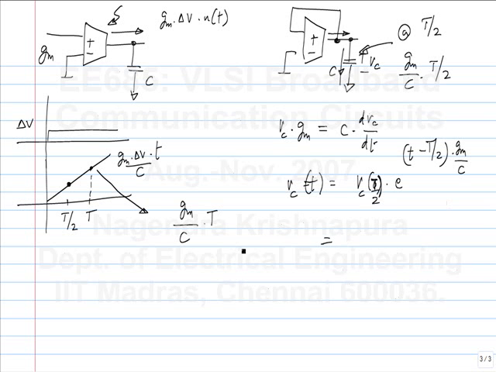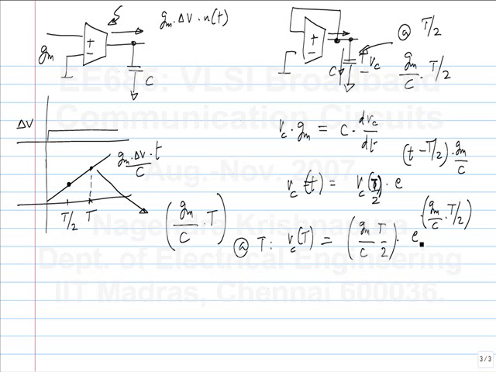So at the end of the clock phase t, the first one has a linear dependence on Gm by C times t. The second one has a factor which has a linear dependence. The factor is in fact smaller than this, but it has an exponential dependence as well. So for fairly small values of Gm by C times t by 2, the gain you get from this is more than this.